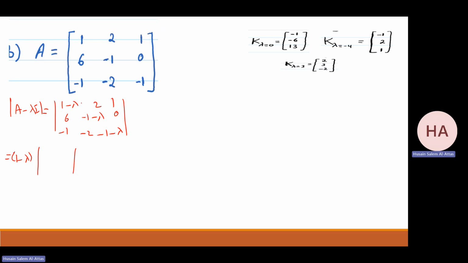What is the remaining? Minus 1 minus lambda, 0, minus 2, 1 minus lambda.